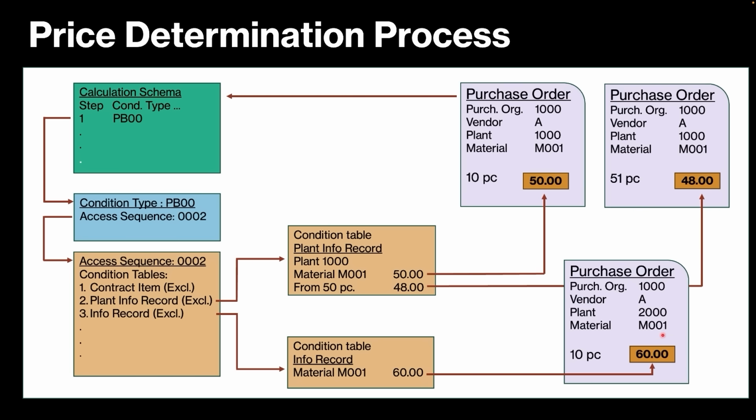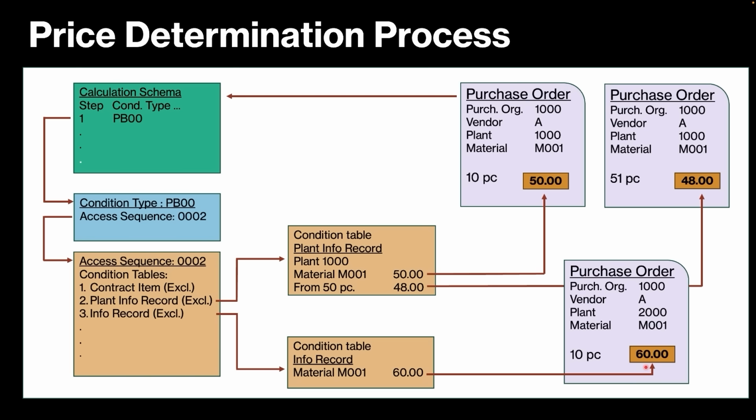That is, this time the plant code is 2000. Then what will system do? Then this particular info record will not be applicable because the plant code will not be matching, and system will check the next table where system will find a matching condition record.